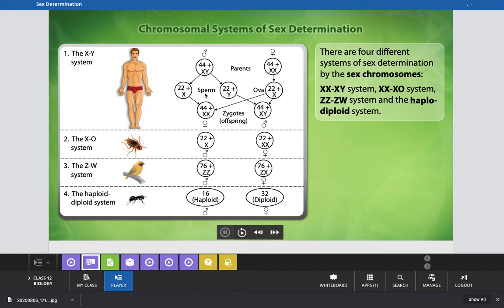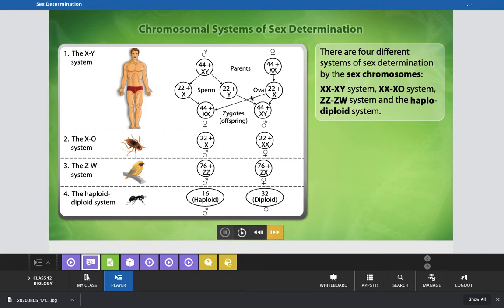That means each sperm may have an X chromosome or a Y chromosome, so there is a 50% chance of sperm with X chromosome and 50% chance of sperm with Y chromosome. On the other side, when egg formation takes place by meiosis cell division in human females, there will be only one type of chromosome, X, due to which all eggs will carry the X chromosome.